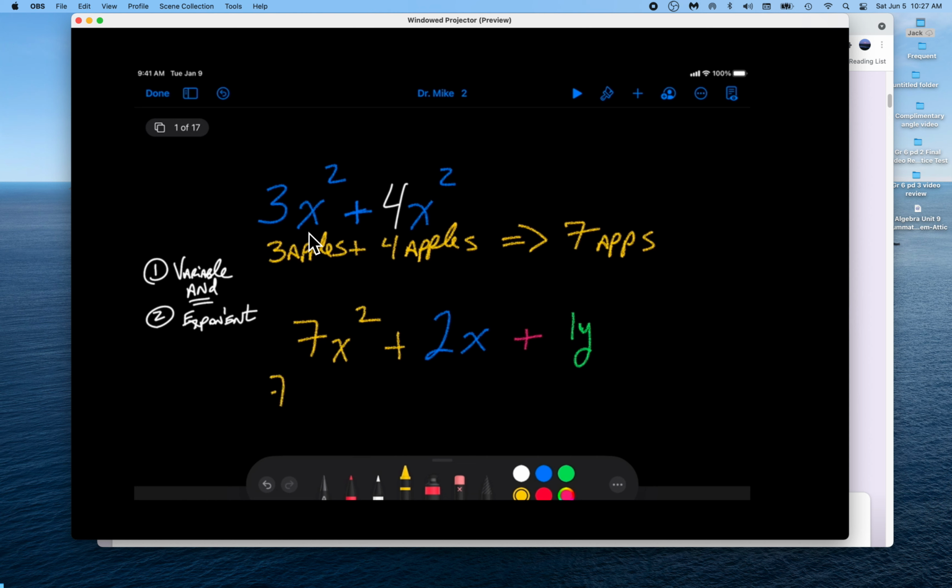Okay, so now we have 7 apples plus 2 oranges plus 1 kumquat, for example. You can put in anything you want here, but my point is these entities are different. These variables are the same, but their exponents are different, and this variable is totally different.